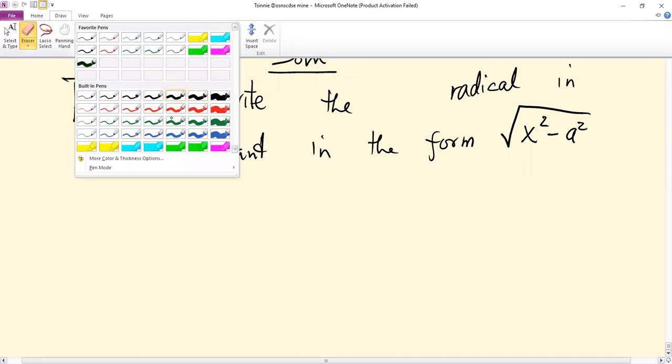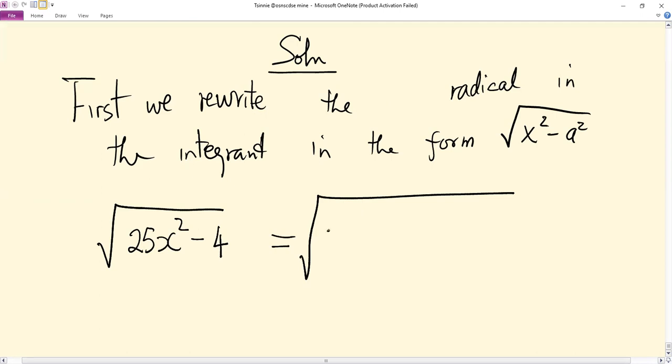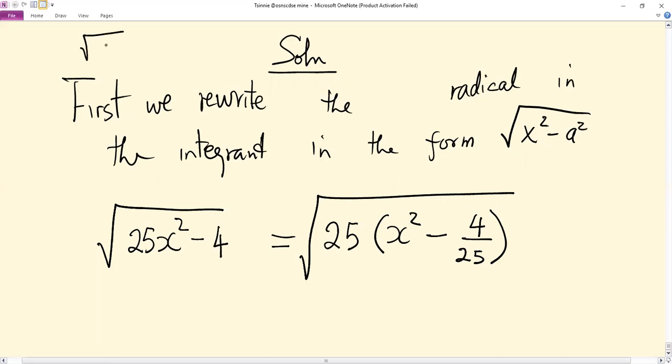So we have the integral of 25x squared minus 4. This can be written as 25 times the bracket x squared minus 4 over 25. There's nothing I've changed, still the same expression. And then we know from basic algebra that the square root of a times b is the same as root a times root b.